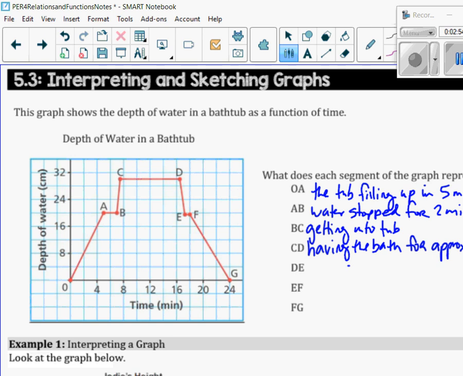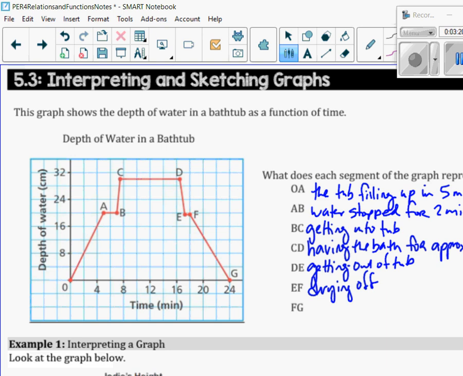Okay. From D to E, what happens there? Getting out of the tub. Getting out of tub. From E to F, probably drying off. You guys know how to take a bath. There you go. Drying off. Okay. And then what happens from F to G?